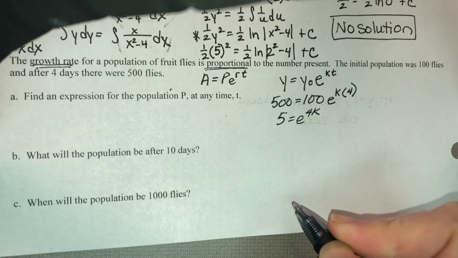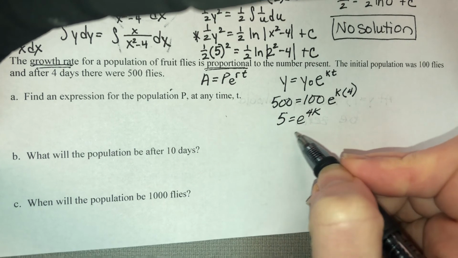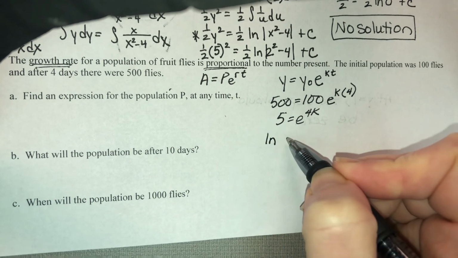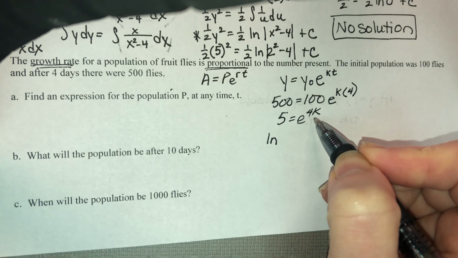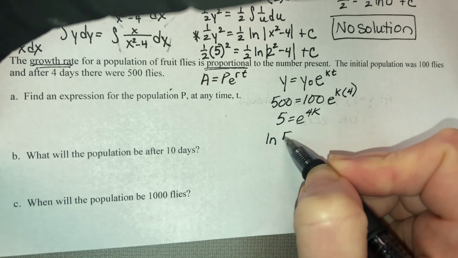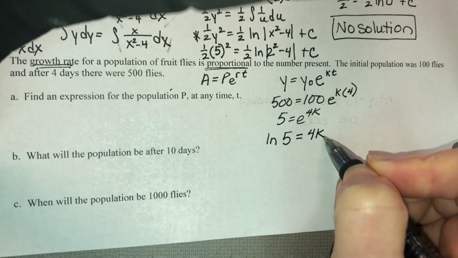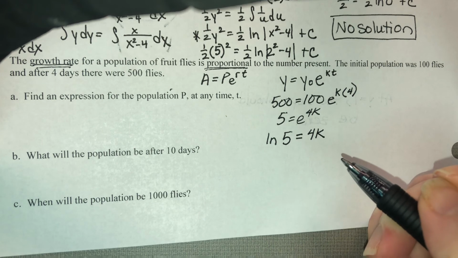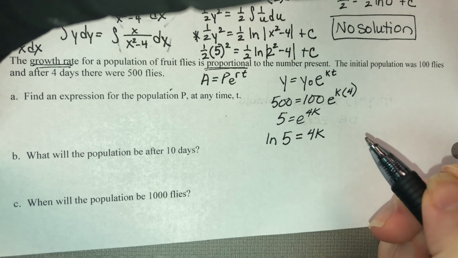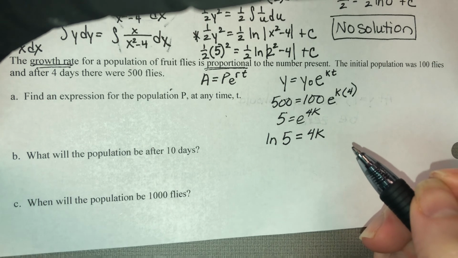We use that definition of a logarithm. The log base e, so the natural log of the answer to the exponential, the argument of the log, equals the power 4k. Some people also just like to take the natural log of both sides to get this answer.